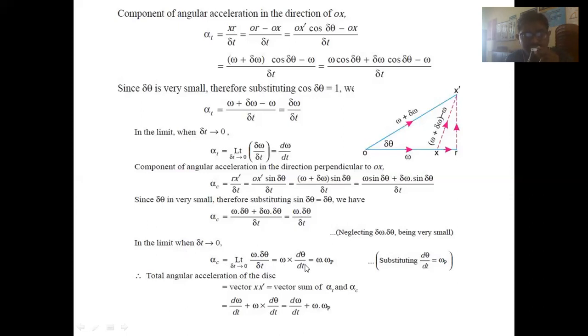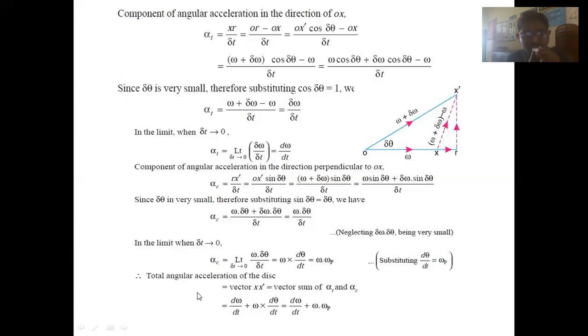This d theta by dt is denoted by omega p. So from this, alpha c is equal to omega omega p. Now I got two components of acceleration. One component is along the direction of OX, that is alpha t is equal to d omega by dt. And another component which is perpendicular to the line OX, that is alpha c is equal to omega omega p.